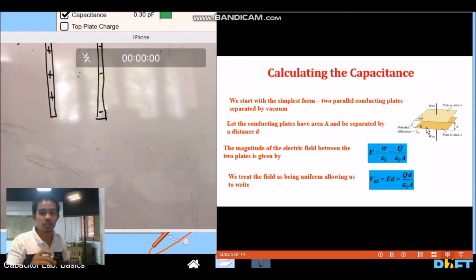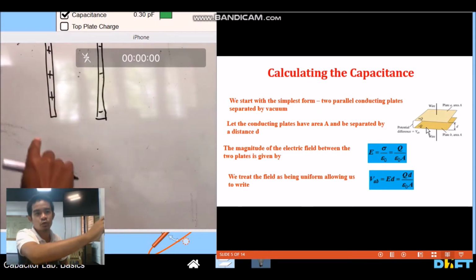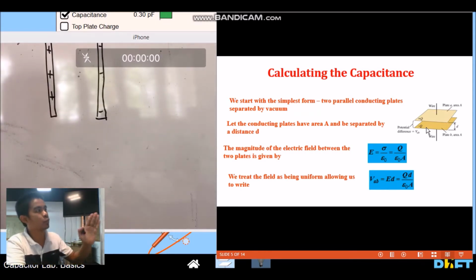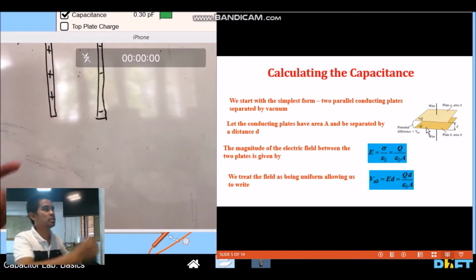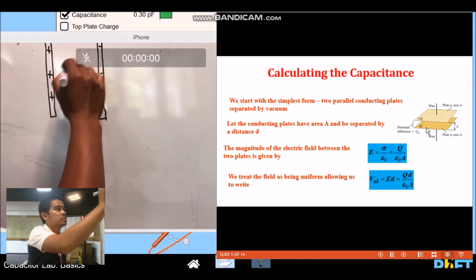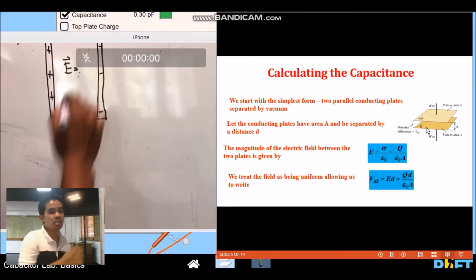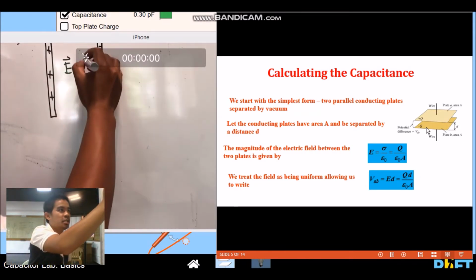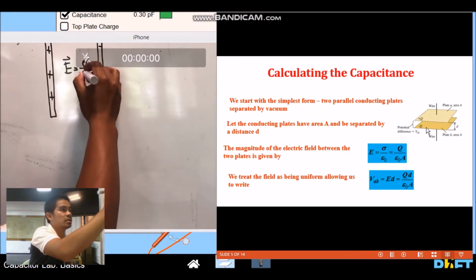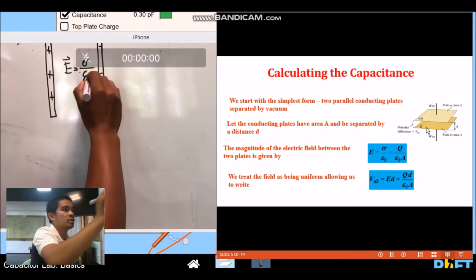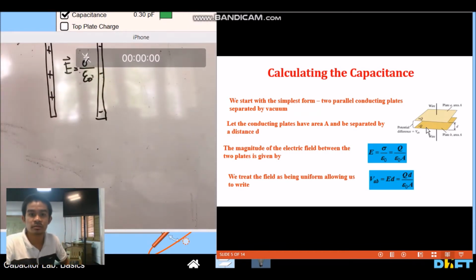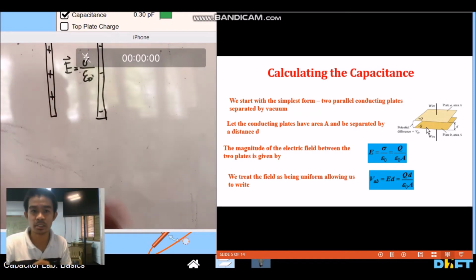And I discussed already the electric field between two parallel plates, if one plate is positively charged and the other plate is negatively charged. We know that the electric field between these two plates is the areal charge density over the permittivity of free space. We derived this equation using Gauss's law.